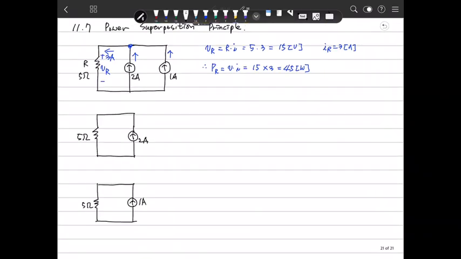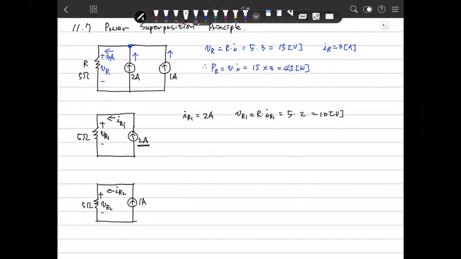So what is the voltage, VO and VR. VR1, this is a current IR1. In this case, VR2, this is IR2. Because IR1 is the same as 2 amperes, therefore VR1 is R times I1, 5 and 2, so 10 volts.